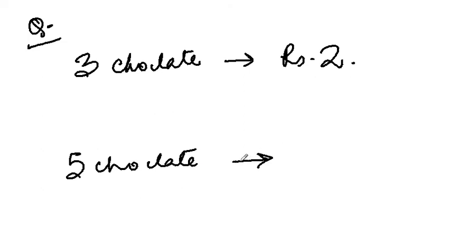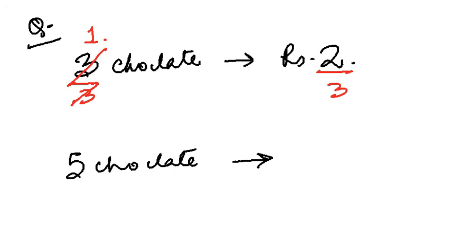How do we do this calculation? What we're going to do is divide by 3 on both the sides. When we divide by 3 on both the sides, we get the price for 1 chocolate. 1 chocolate costs us rupees 2 by 3.